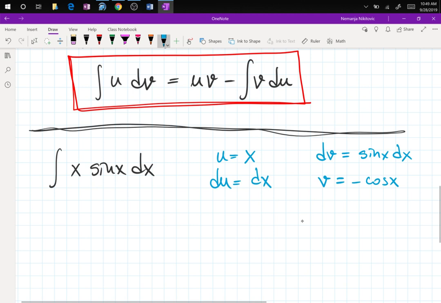So how did I get this v? I got this v by simply integrating, right? So this one was differentiated down just like u sub, and this one was integrated down. Now, you don't write these integrals, you don't write these arrows, you just write these things.